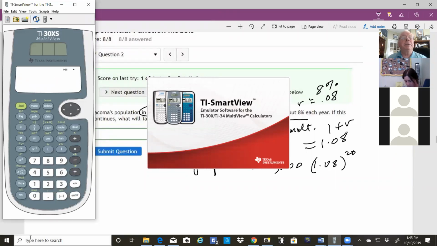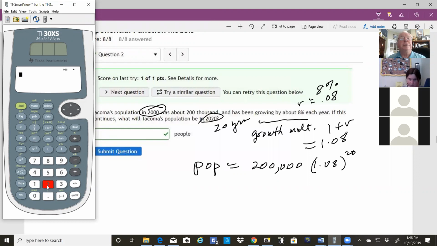So let's try this. 200,000 times 1.08 to the 20th power equals 932,191.